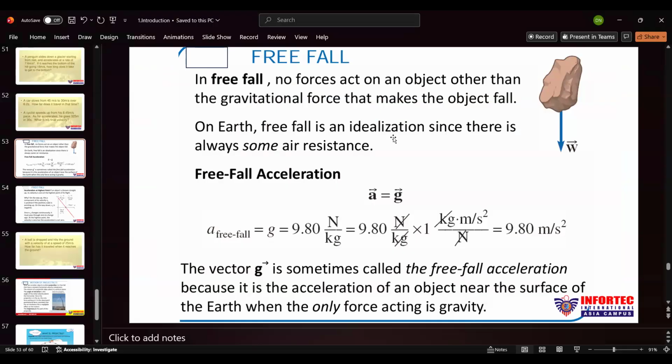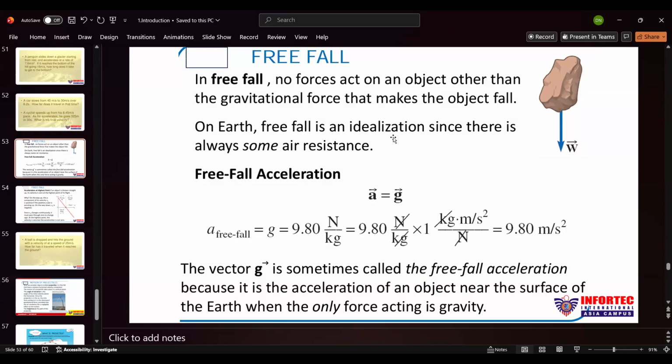Then g is taken as 9.8, or we can take this as 10 for easy calculations. Then the motion of an object when only gravity acts on it, right? Then air resistance is ignored, acceleration is constant, and direction is downward, right? Acceleration due to gravity.